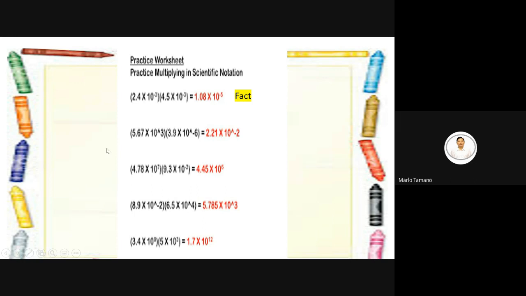Okay, answer. Ang sagot natin? Is it a bluff or a fact? Bluff. Okay, so i-check lang natin. 3 plus negative 6 is negative 3. 5.67 times 3.9.